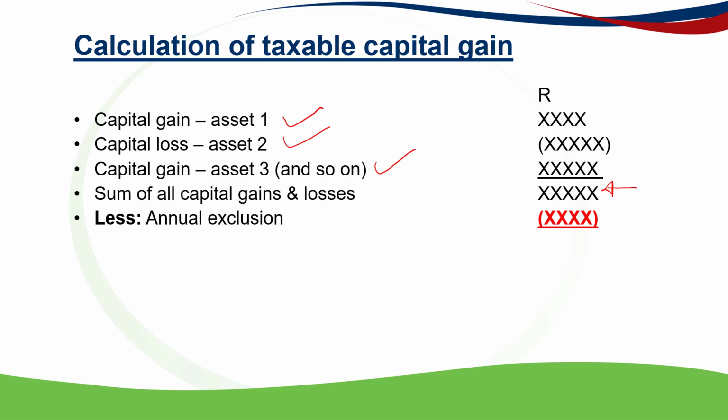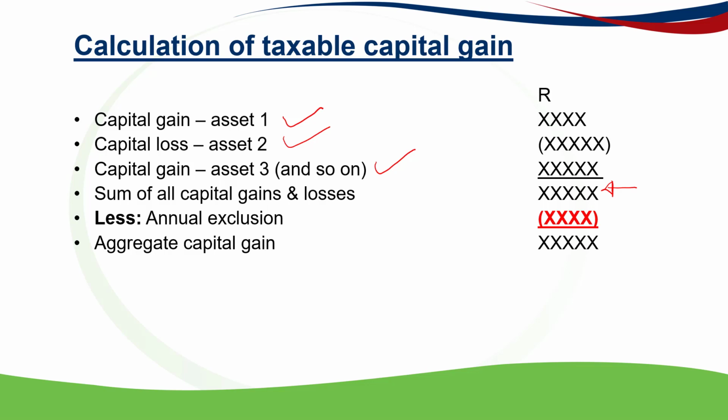The reduction of the sum of capital gains and losses with the annual exclusion will result in an aggregate capital gain. I will continuously remind you to take note of the terminology used throughout the video. So I will repeat: the reduction of the sum of capital gains and losses with the annual exclusion will result in an aggregate capital gain.